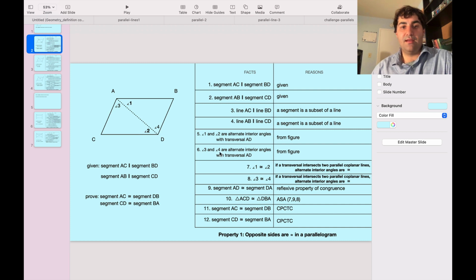In a similar way, angle 3 and angle 4 are also alternate interior angles because they're in the interior region bounded by lines AC and BD, and they're both on opposite sides of the transversal.